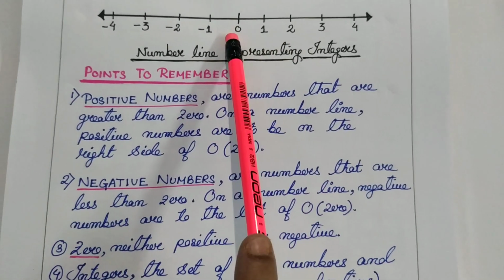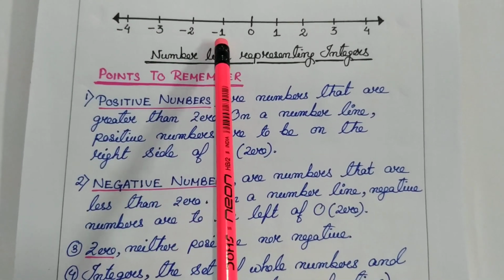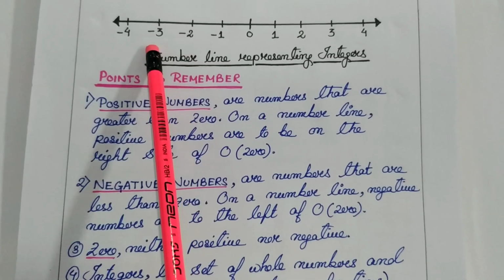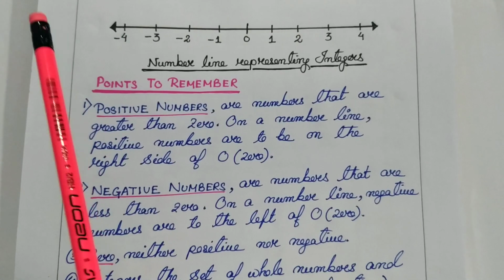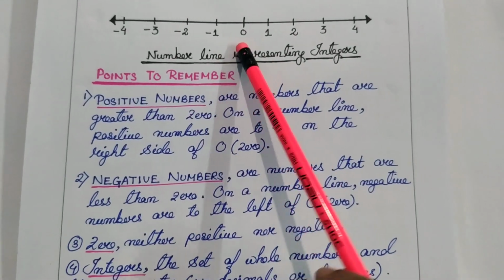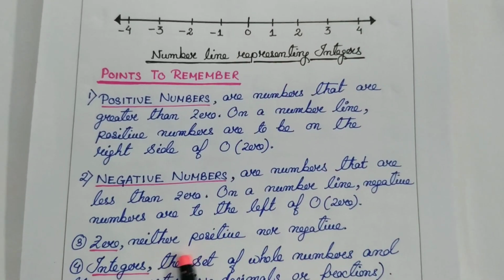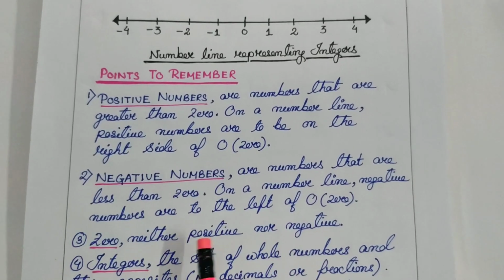That means -1, -2, -3, -4 and so on. It continues till infinity. Next, 0 is neither positive nor negative.